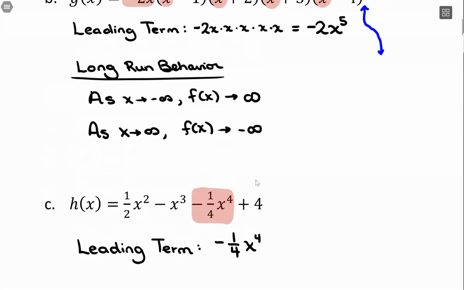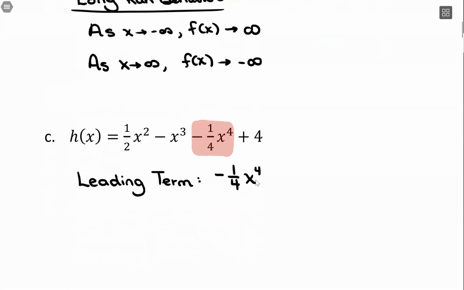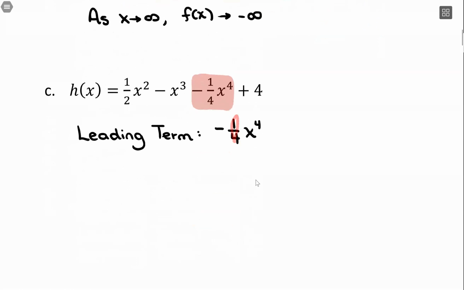And something I didn't mention up here with the 2, and I'll talk about it here with the 1/4, that numerical value, as we talked about, would be causing our vertical stretch or compression. And that's really focused on our short run behavior, these specific points, where here we're just looking out at the tail ends of our function.